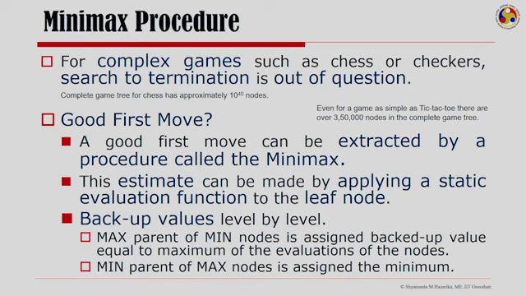So a max parent of min nodes is assigned a backed up value equal to the maximum of the evaluations of its children. This is because we expect the max player to maximize his gain. The min parent of max nodes is assigned the minimum, because the min player's idea is to get to the minimum of the boards.